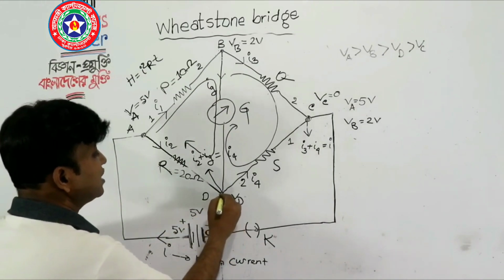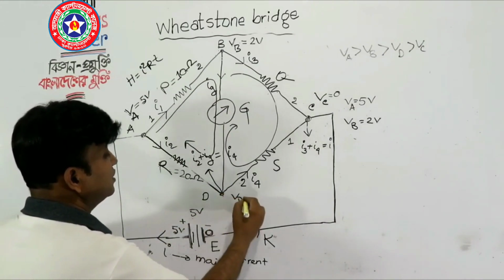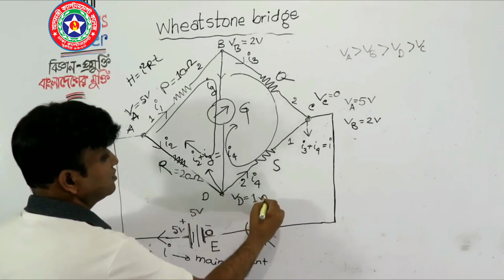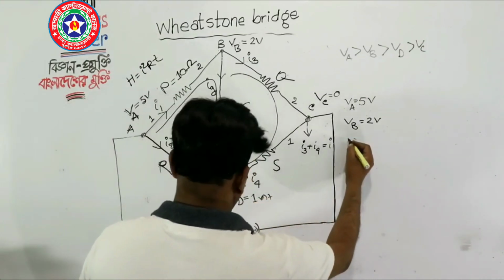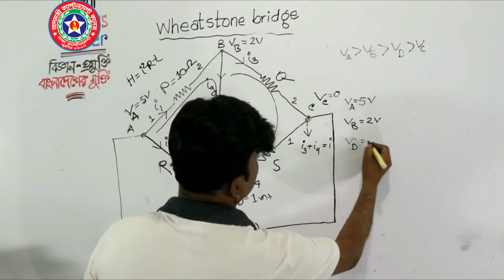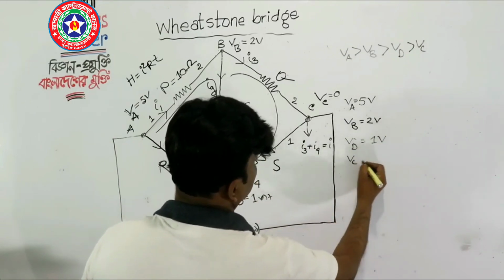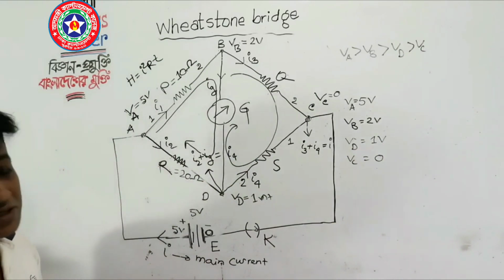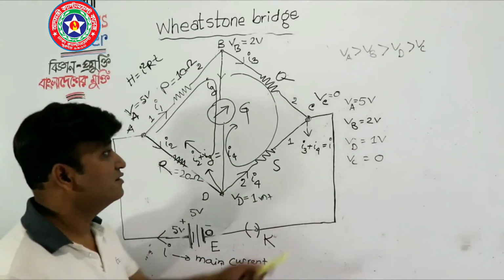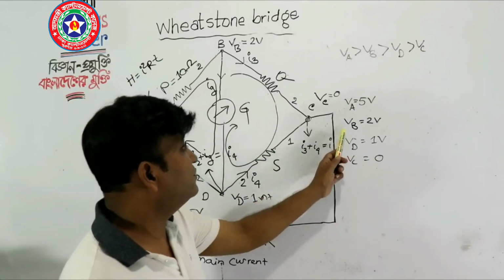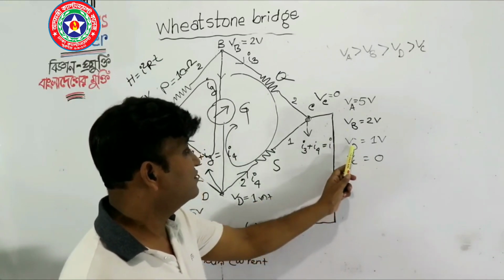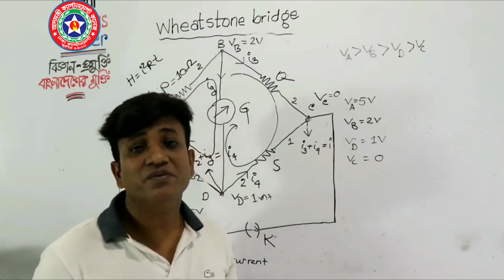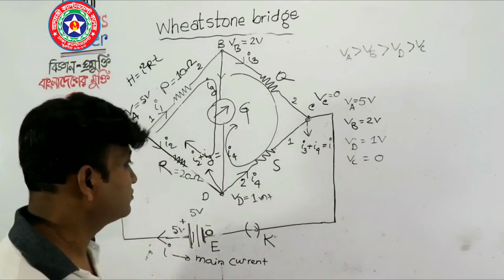Therefore, the potential at point D will be VD equals 1 volt, and VC equals 0. So from this result, it is clear that VA is greater than VB, VB is greater than VD, and VD is greater than VC. Hope you got it.